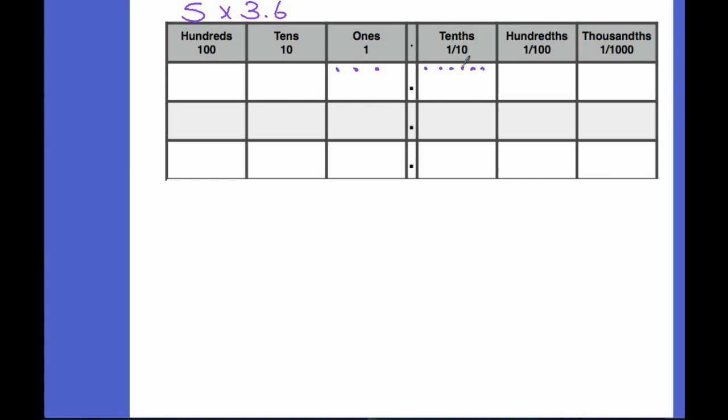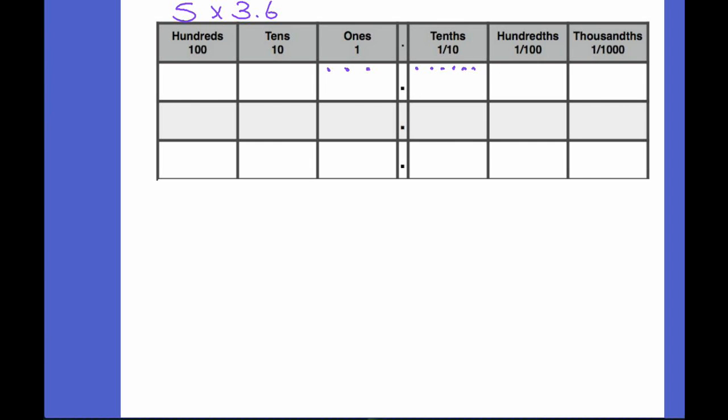Why would we do it 4 more times? Because we already have one set, and what are we multiplying by? What are we multiplying by? 5. Multiplying by 5. So I already have it once, right?